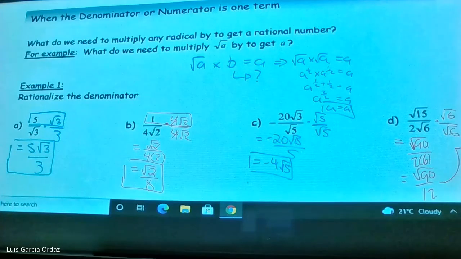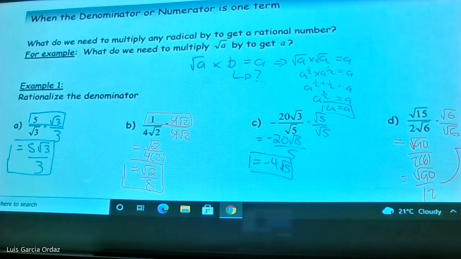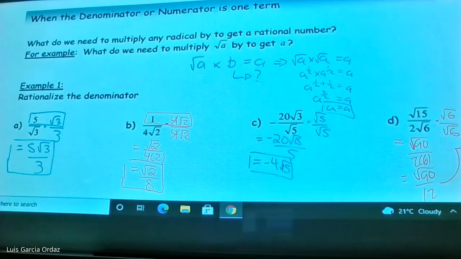Okay, no worries. Can anyone give me two numbers that multiply to 90, one of them having a perfect square root? Priyanshu? You got it right. I don't know if this is the most effective one to use, but I did 9 times 10, and 9 is the perfect square root for 3. Yep, 9 times 10 over 12, which is equal to square root of 9, which is 3, times root 10 over 12.